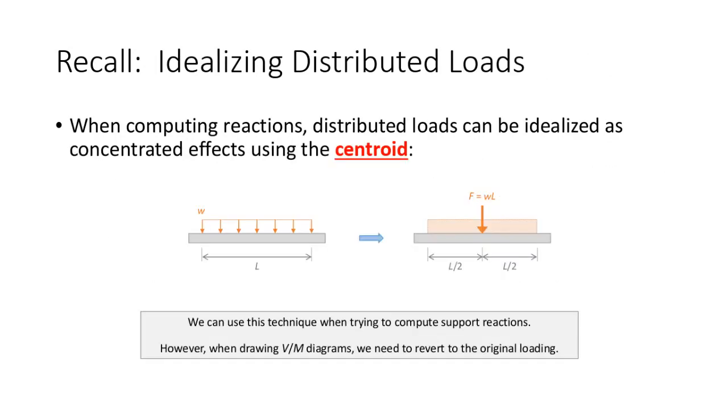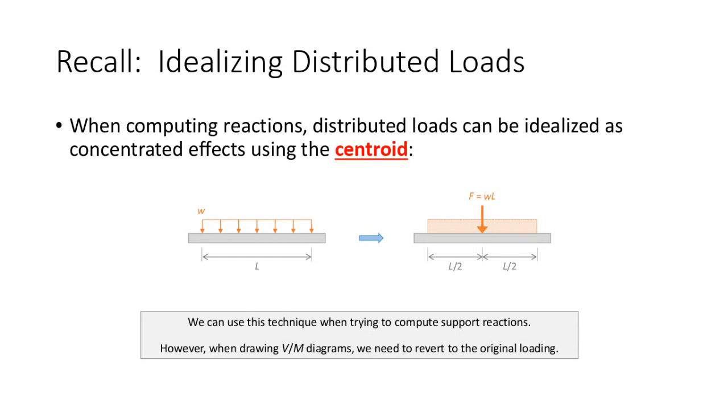All right, let's talk about distributed loads. So we've handled distributed loads before, and we've done something like this. We take the distributed load and then we idealize it as a single point load, or a single concentrated load. The magnitude of that load is sort of like the area under the load.